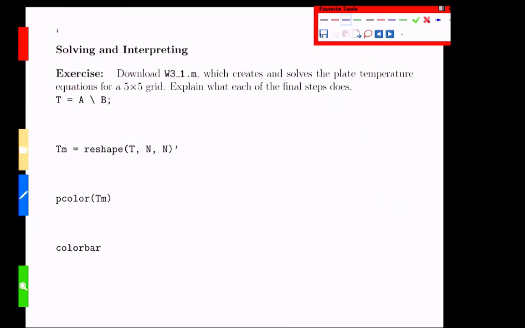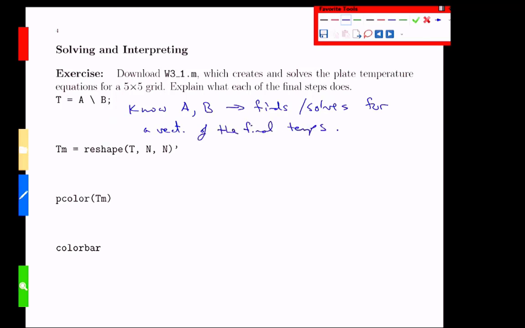In terms of the actual solving, fortunately, it was pretty easy. The top line there we started with was that we know A and we knew B, and this solves for a vector of the final temperatures on the grid.